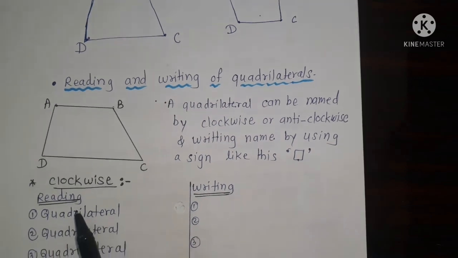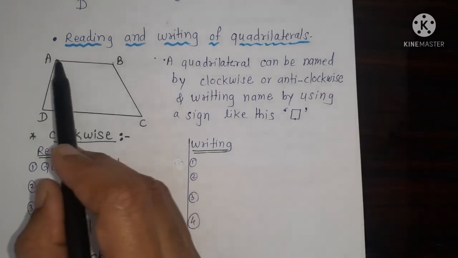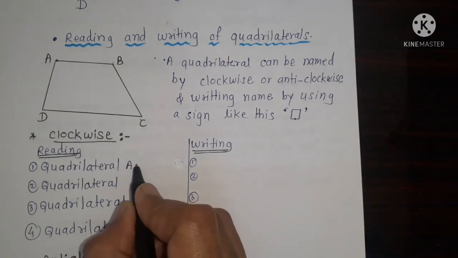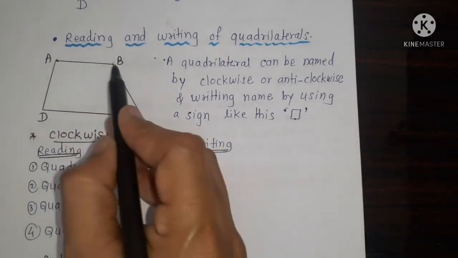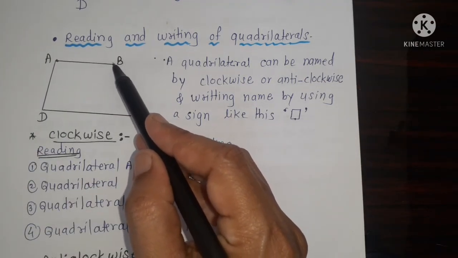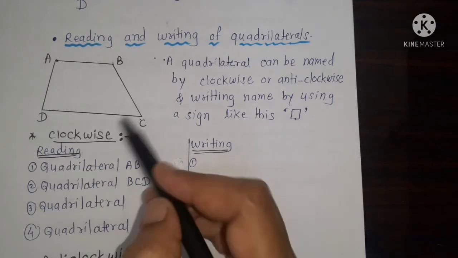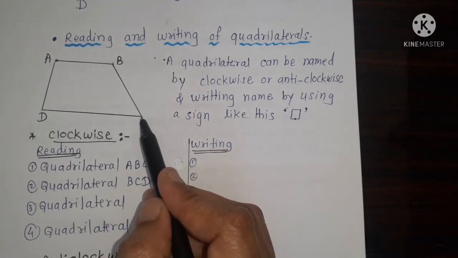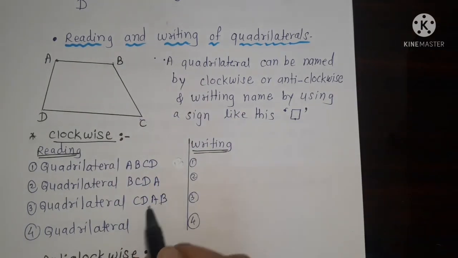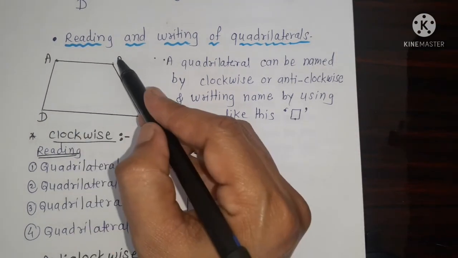First, we read the name clockwise. Quadrilateral ABCD, starting from vertex A. Second, starting from vertex B, quadrilateral BCDA. Third, starting from vertex C, quadrilateral CDAB. Fourth, starting from vertex D, quadrilateral DABC.